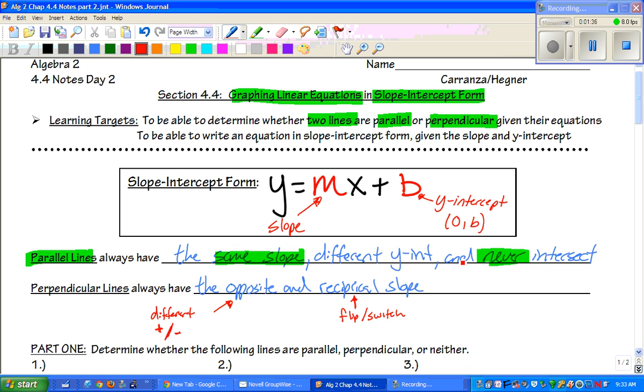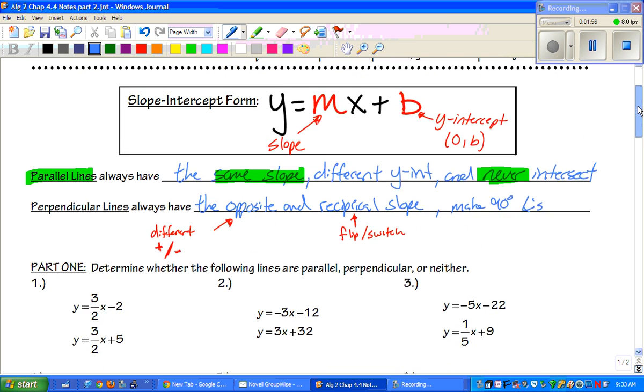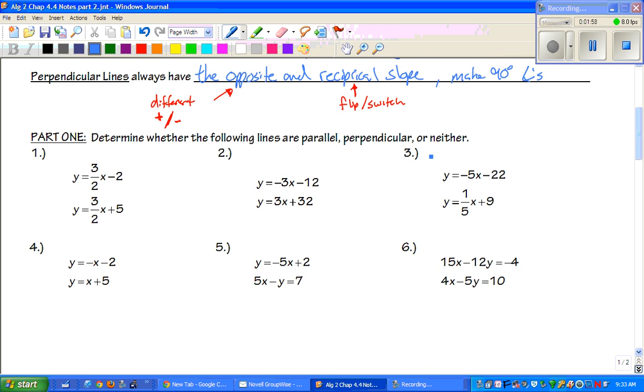Another thing these lines do, if you remember from geometry, is make 90-degree angles, so they have to intersect at a certain point to make that angle. All right, let's go through some examples.